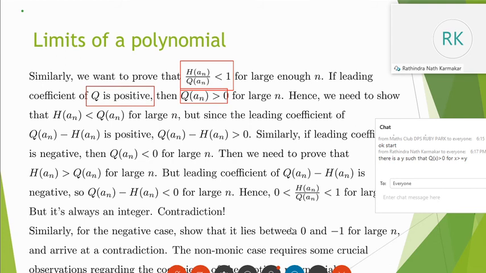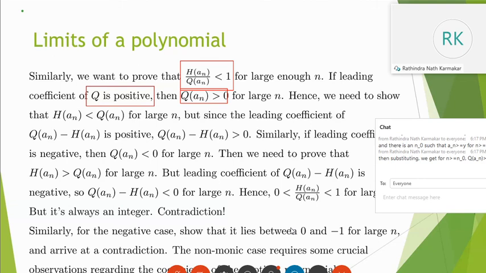And there is an n naught such that an is greater than or equal to y for n greater than or equal to n naught. Then substituting, we get for n greater than or equal to n naught, q of an is greater than 0.